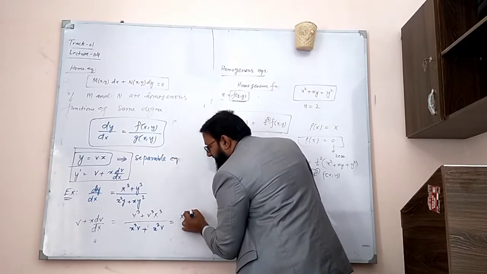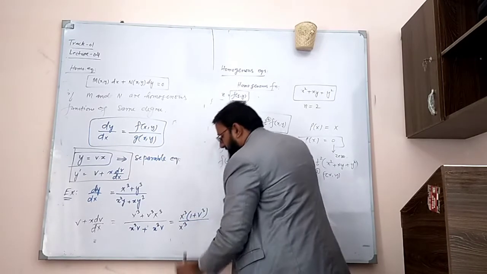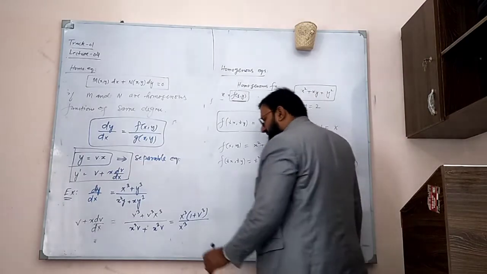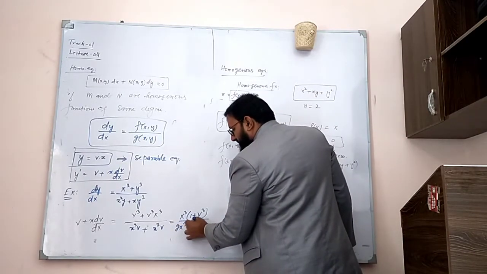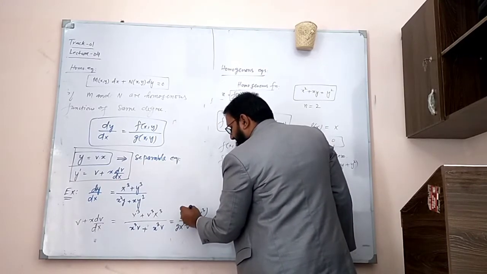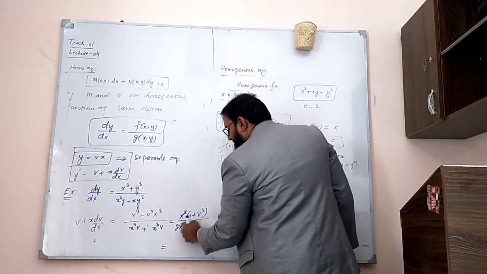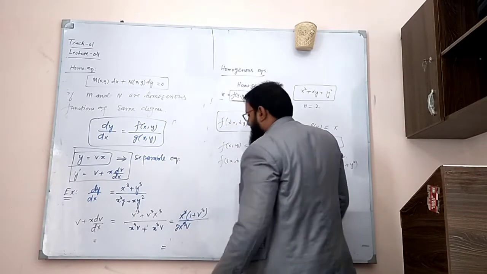You just need to take x cube common. This becomes 2x cube v. So x cube cancels, and you are left with 1 plus v cube divided by 2v.